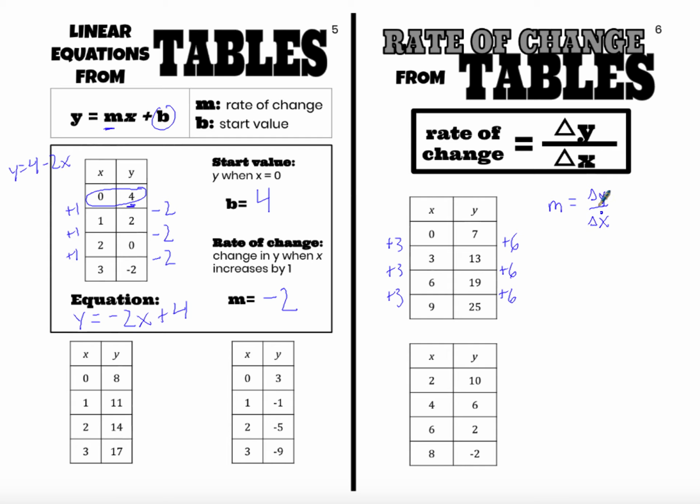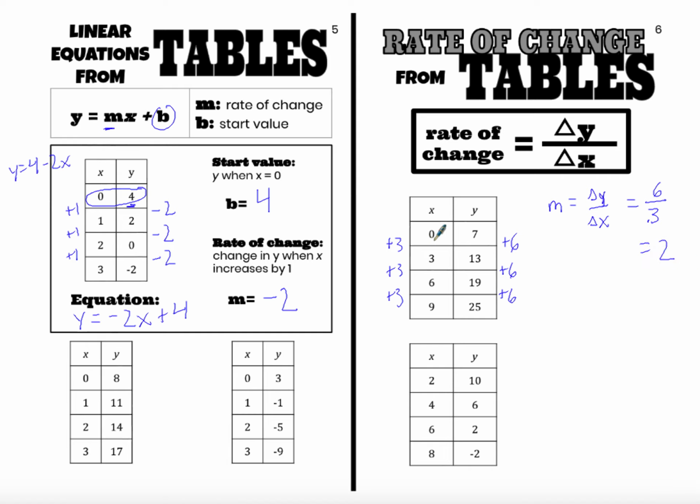That little triangle is a delta. It means how much y changes by divided by how much x changes by. We are not writing y divided by x. That would be like 13 divided by 3, and that is not the correct work. We are writing delta y over delta x, which is 6 over 3, or 2.